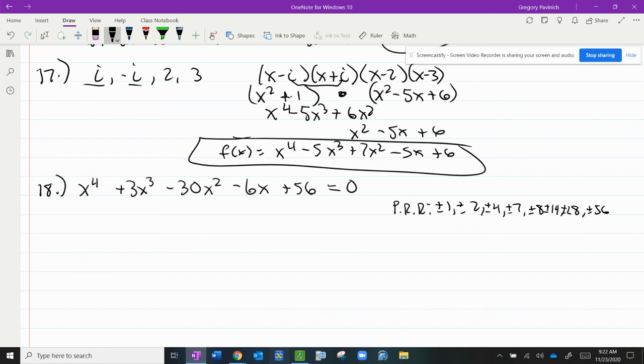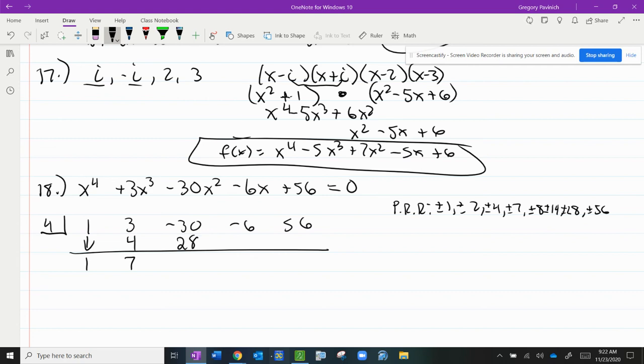Okay, so then I want to pick one of those. I'm going to break this fourth degree down. I'm going to pick 4. 1, 4, 7, 28, negative 2, negative 8, negative 14.